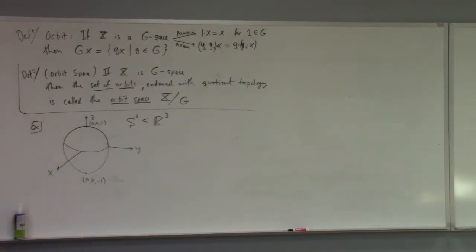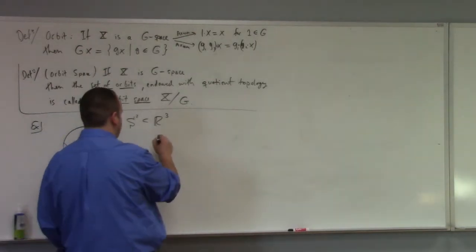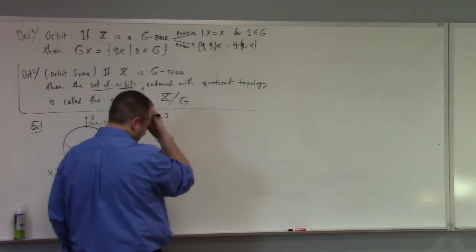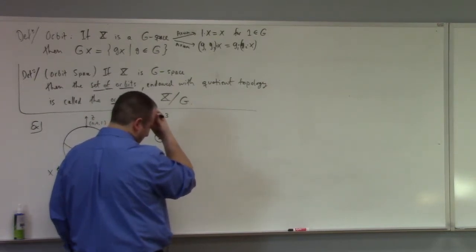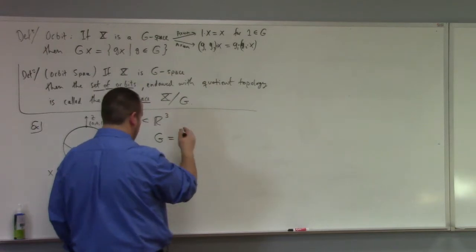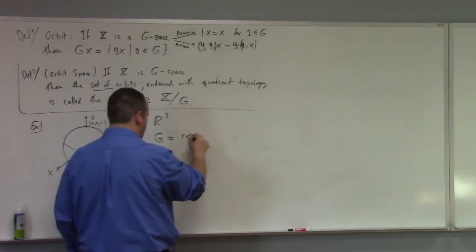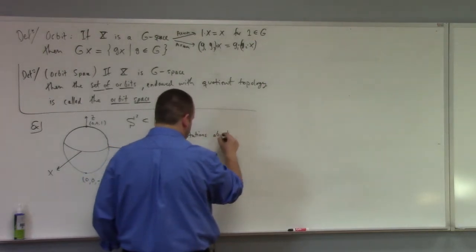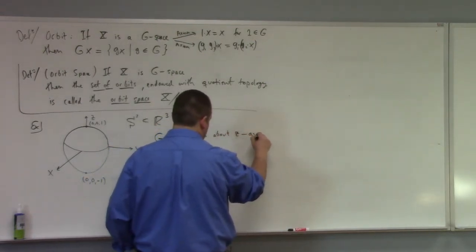And then what group does he let act on this space? So let's see here how to say this. Rotations about the z-axis.